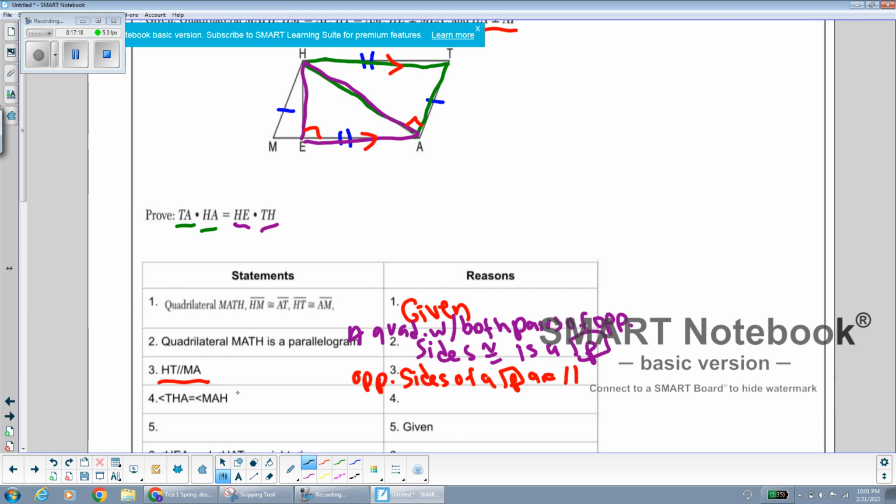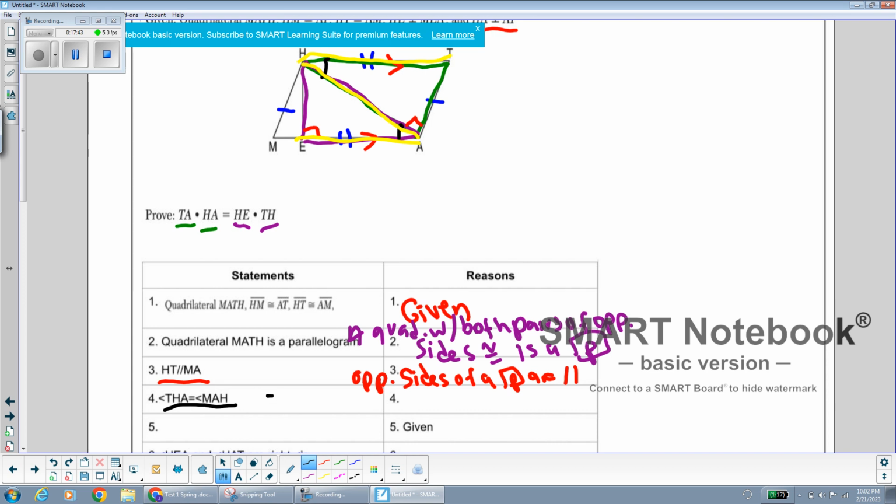And now that we know the sides are parallel, we're supposed to conclude that angle THA is congruent to angle MAH. If I highlight the parallel lines from our previous step and the transversal, I see my letter Z, and these angles are in the corner of the Z, so these are alternate interior angles.